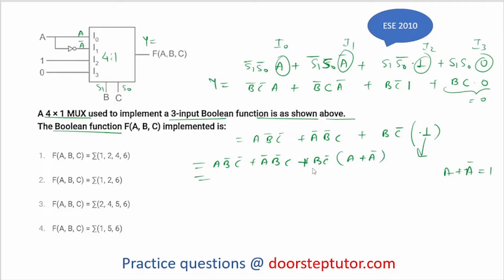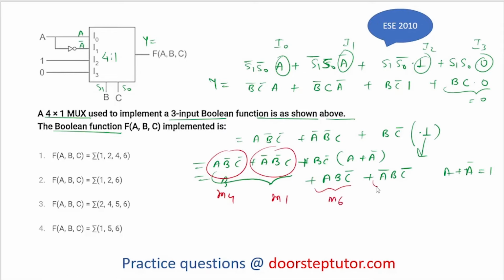If we open the bracket, what we will get? We will get these two terms along with A dot B dot C bar plus A bar B C bar. So how many minterms are there? This is minterm M4, this is minterm M1, this is minterm M6 and this is minterm M2.